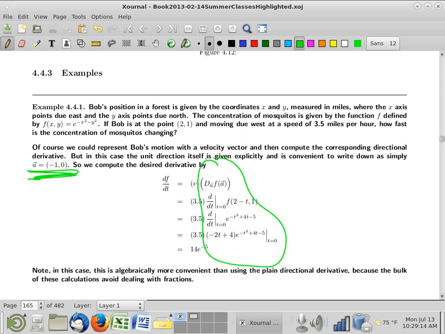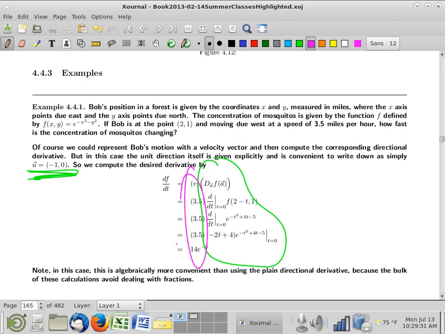The fact that it's 3.5 miles an hour, whatever, deal with that at the end. So you get a much nicer calculation by scaling out the speed and using a unit vector.